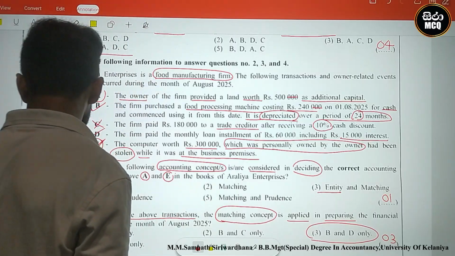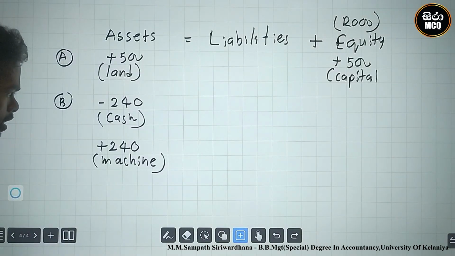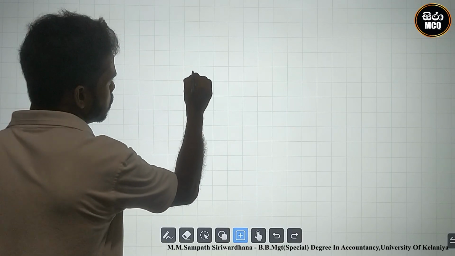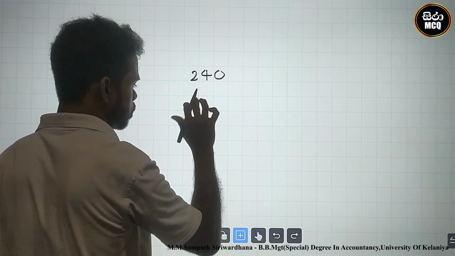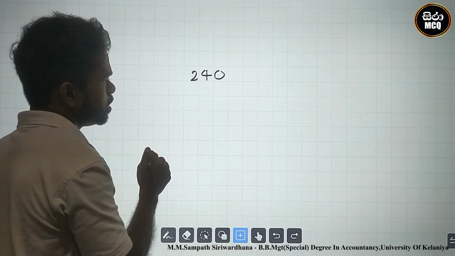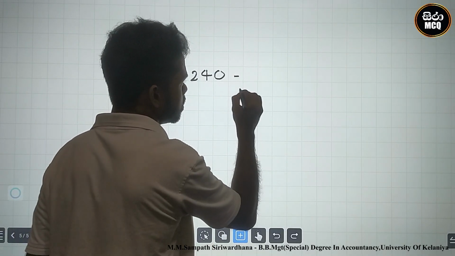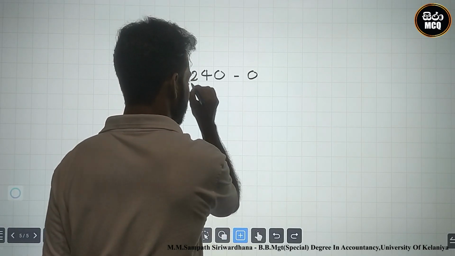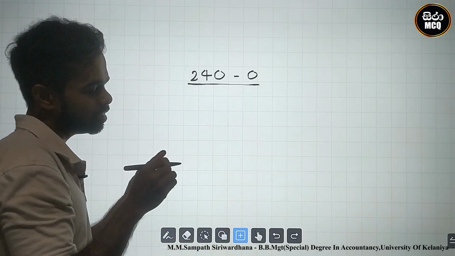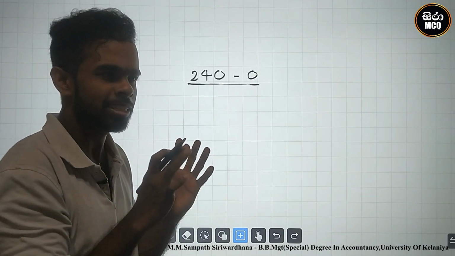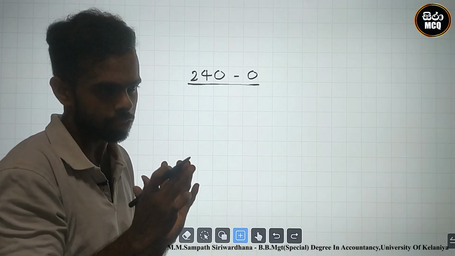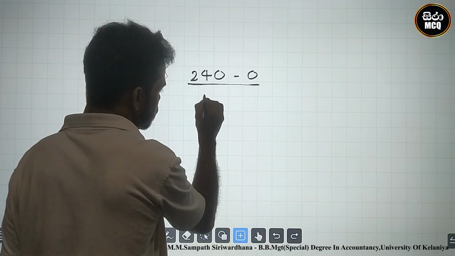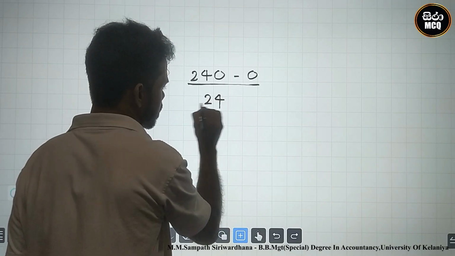Therefore, the 240 is the total cost. For depreciation, what must we deduct? Residual value, there is no residual value, divided by the months. There is 24 months depreciation over this asset. In that case, 240 divided by 24 months.